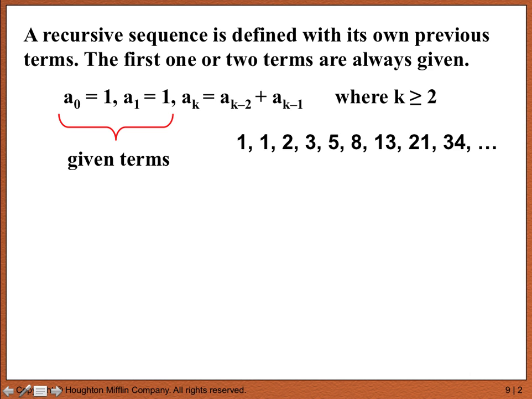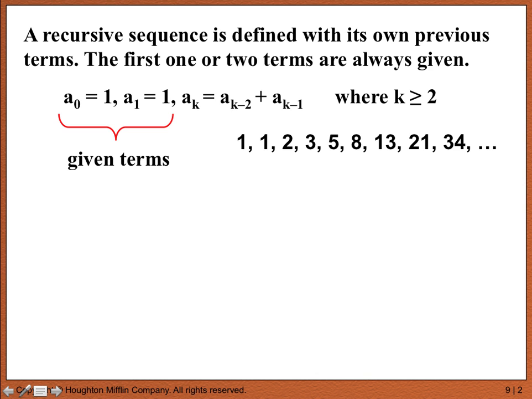So as you can see from where the cursor is pointing, this a sub k is a sub 2, and then I just use that same value of 2 and k, and then 2 minus 2 is 0, and then here 2 minus 1 is 1. So a sub 2 equals a sub 0 plus a sub 1. And as we can see that means a sub 2 is equal to 1 plus 1, and that's why we get 2.